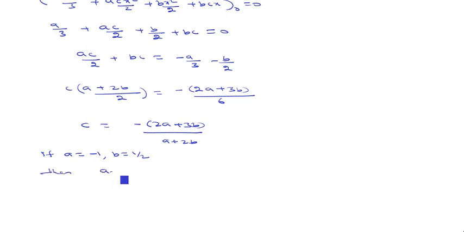Then a plus 2b becomes 0. This implies there does not exist c such that the inner product of ax plus b comma x plus c equals 0.